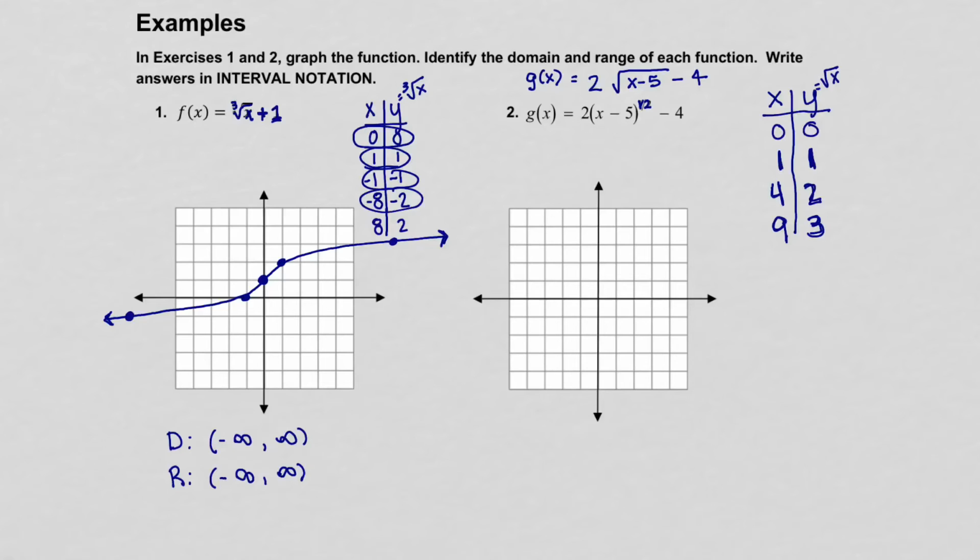Now, doing that, I'm looking at it and I'm thinking, well, is it ready to graph right now? And I don't think it is, because I have a couple of different things that have to happen to it. So first, I notice that I have this number out front, this 2, and this 2 indicates a stretch because it's a whole number, it's not a fraction, and that's going to affect my y values.